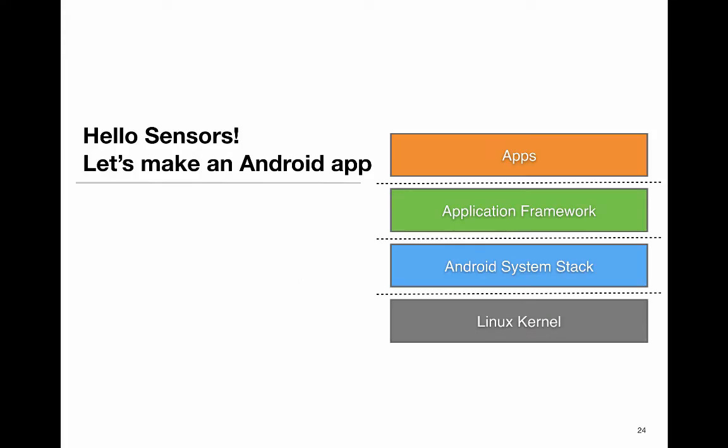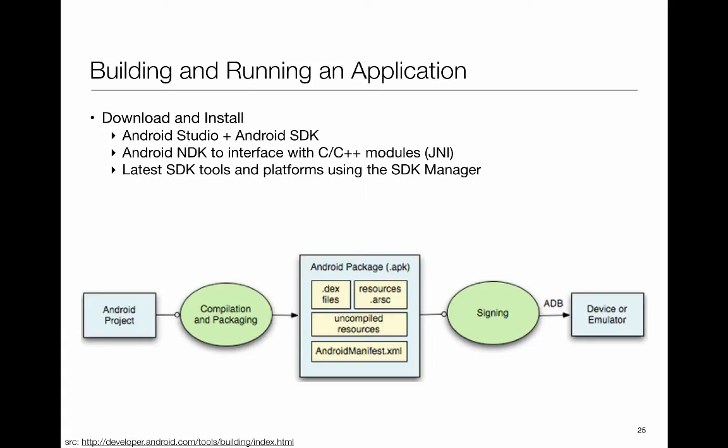So I have covered some of the most important Android components, and we can start to see how we can make an actual Android app. First of all, I don't know if you have heard this, but the official IDE for Android right now is Android Studio. If you download it, it will also include the Android SDK.